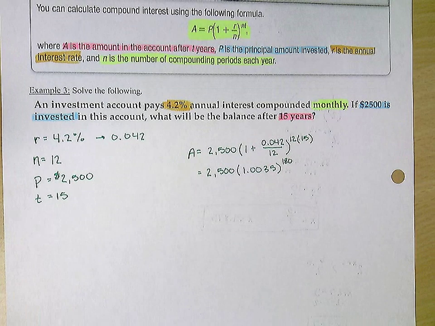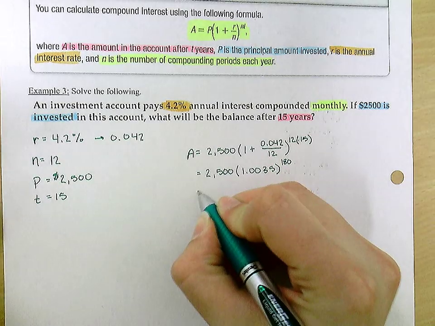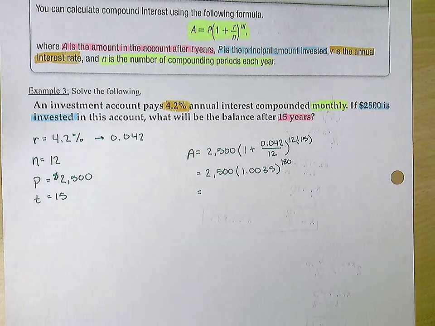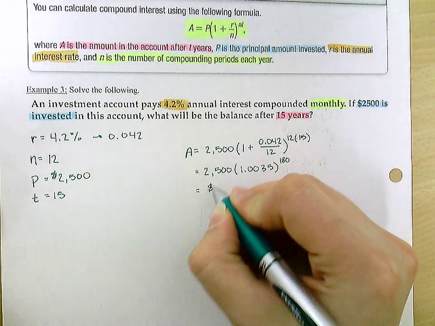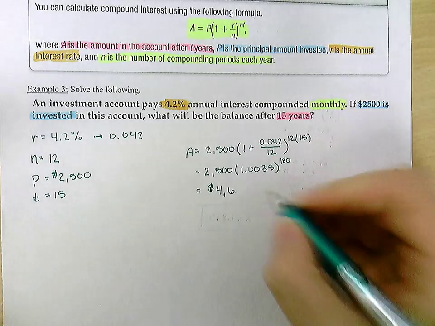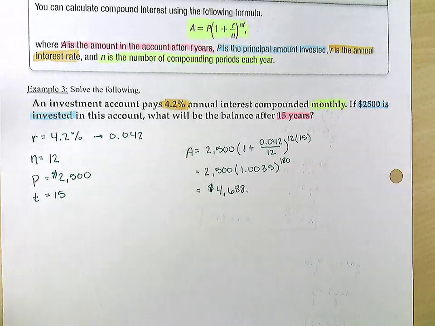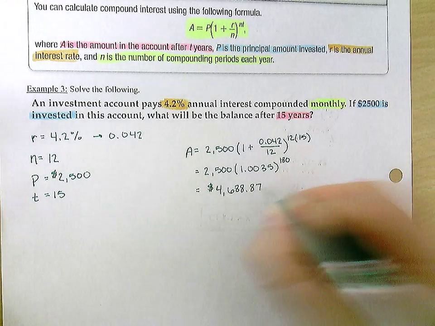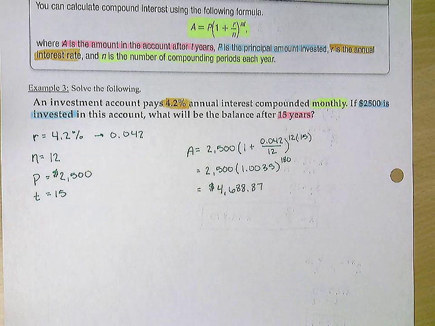That'll make it a little bit easier to enter into your calculator. So you should get about $4,688.87 in your account after 15 years. Initially we put in 2,500, and after 15 years we'll have 4,688.